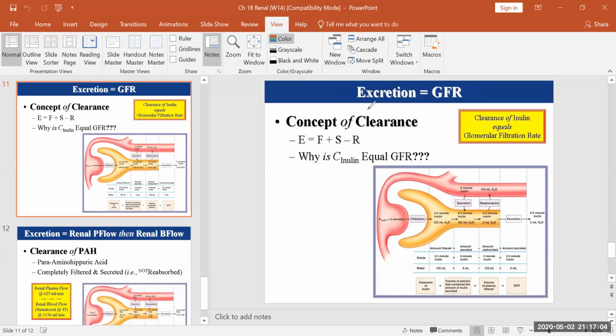the concept of clearance. Clearance means the ability of the kidneys, in this case specifically nephrons, to cleanse your blood plasma, to clear, to take away a solute, a chemical, from our blood plasma.